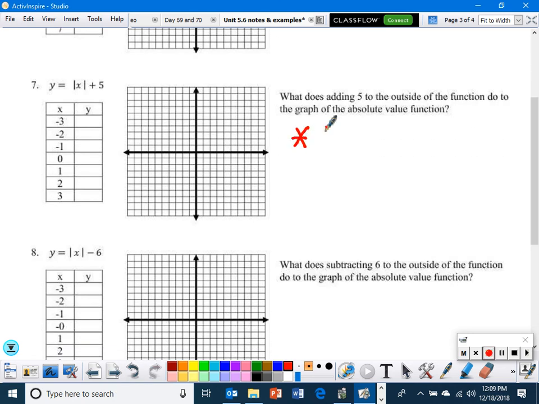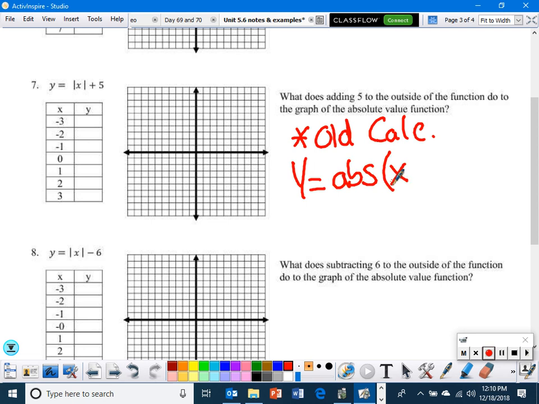If you're using an old calculator, you're going to need to type it in like this. It's going to look like this. You're going to have the ABS, then you're going to put the X, and then since the absolute value is behind the X, you need to close it. And then you need to put the plus 5.